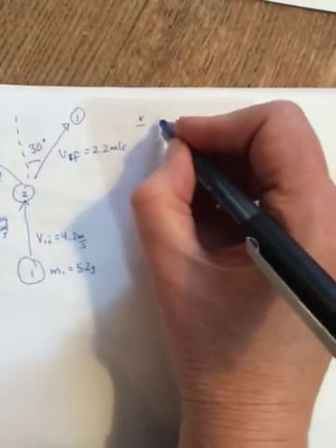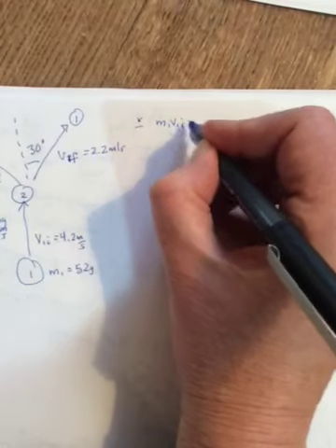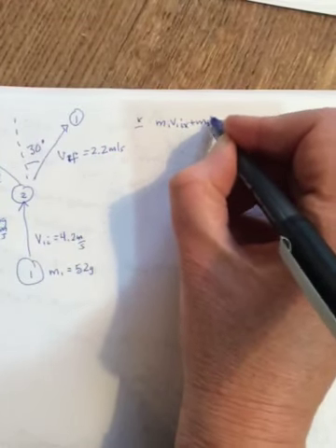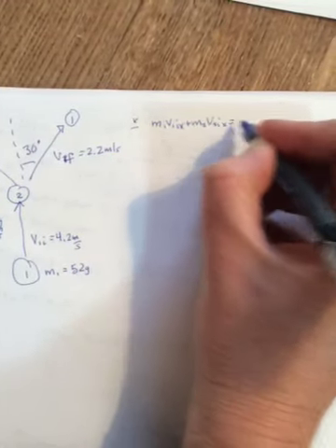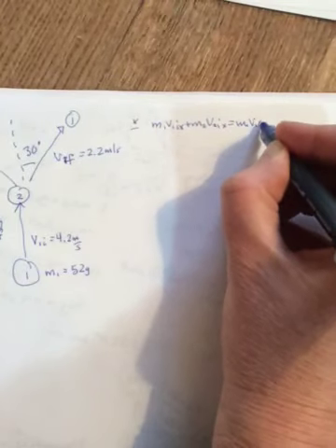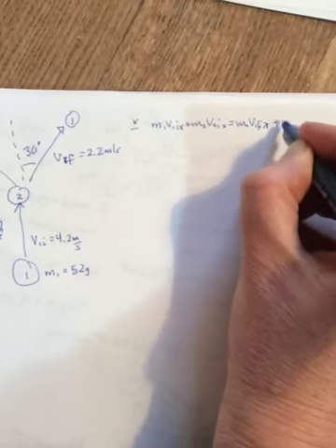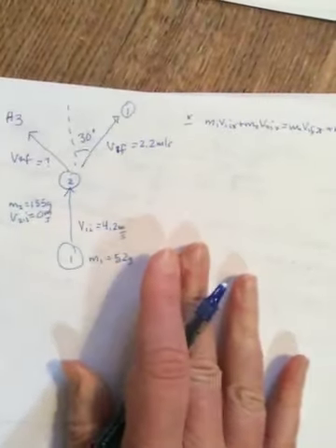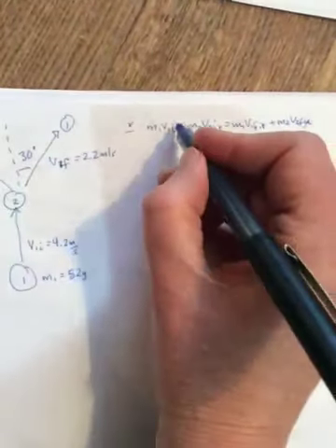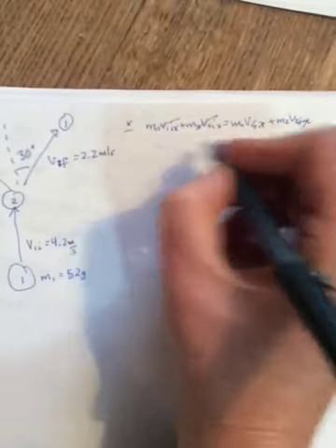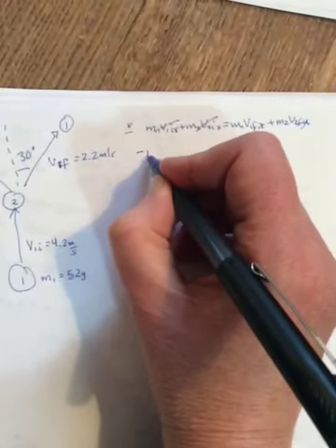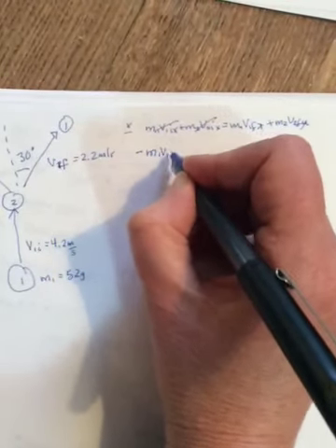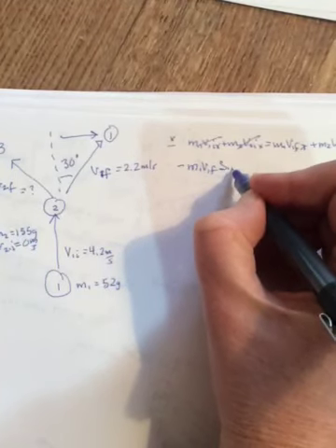So in the x direction, m1 v1 initial x plus m2 v2 initial x equals m1 v1 final x plus m2 v2 final x. This time, look, neither of them are moving in the x direction. Bring the first term over, m1 v1 final, and the x component is up here. It's going to be sine.